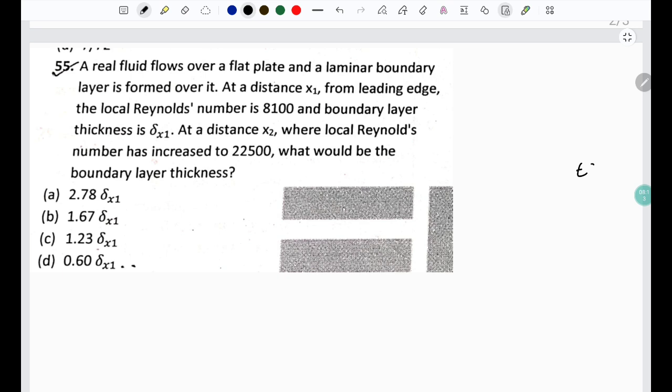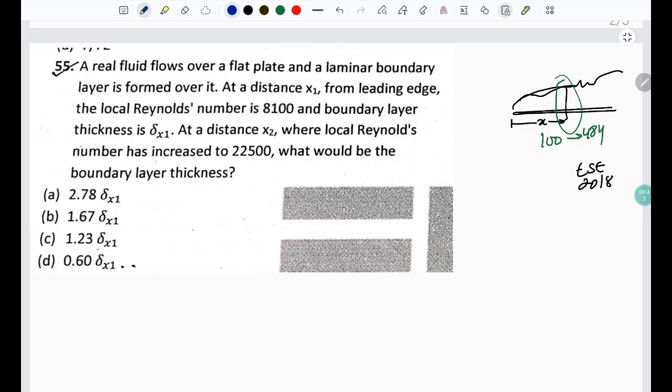It was an ESE 2018 question. It was asking about the laminar boundary layer, but at a fixed point from the leading edge, and due to external reasons the Reynolds number at this spot changed. It changed from 100 to 484, but the point remained the same.